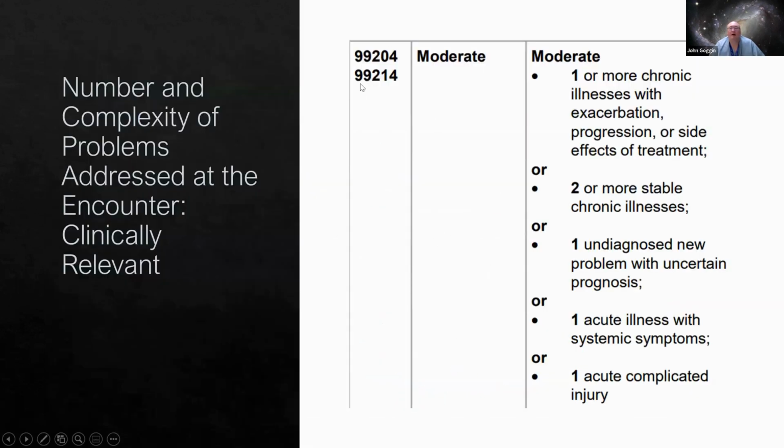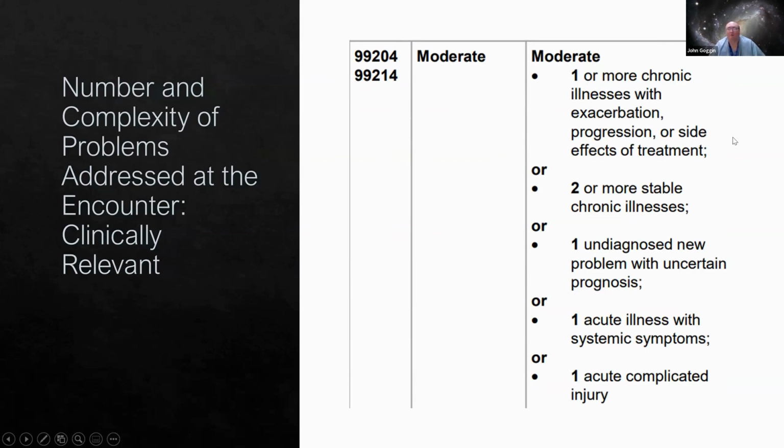Level 4, you have a lot more choices here. Again, one or more chronic illness with an exacerbation, progression, or side effect of treatment. So an example here might be somebody who has diabetes with neuropathy that's been getting worse. You've been following them for a while and you see that they're getting worsening neuropathy.